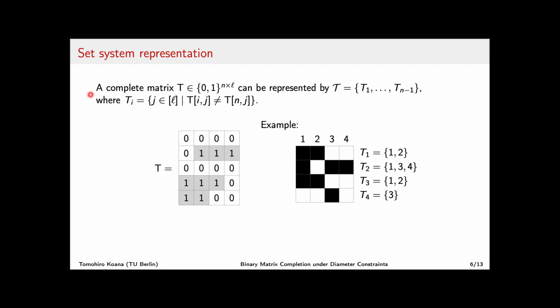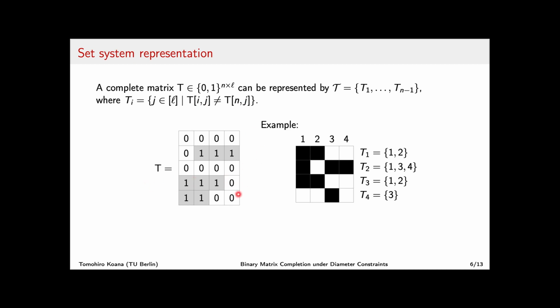So we can represent a matrix T, which is a binary matrix with n rows and L columns, with n-1 sets, where the ith set T_i is defined as the set of column indices j where T_ij and T_nj are different. So here's an example.